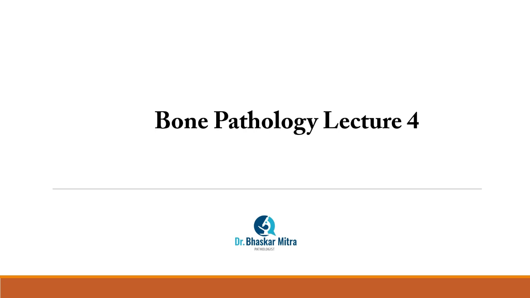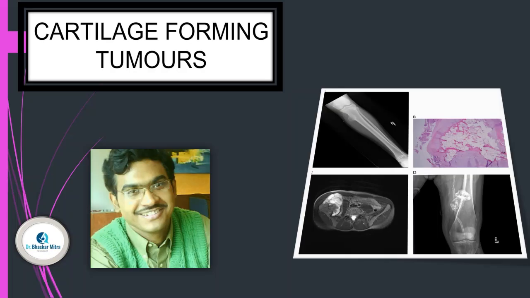So in bone pathology, my topic today is the cartilage forming tumors or the chondroid tumors. A chondroid tumor means there is some amount of cartilage present everywhere or somewhere in the tumor. Our point in this class is to discuss how these cartilaginous tumors form and how they look.